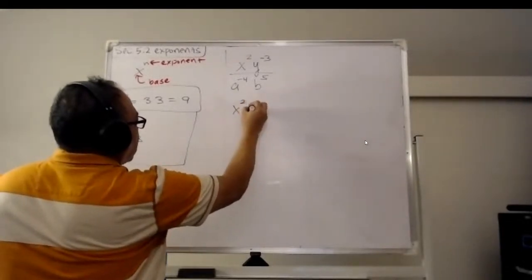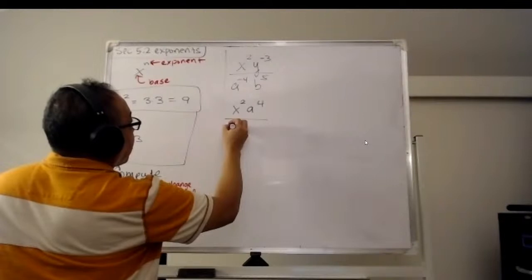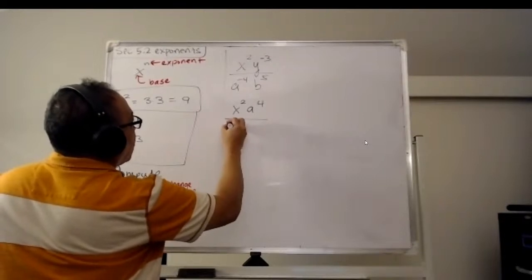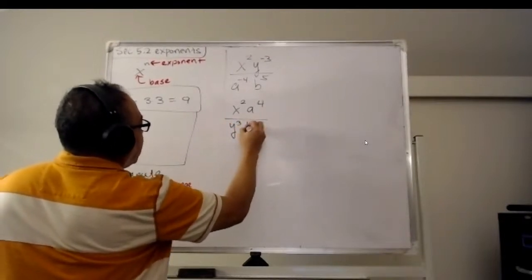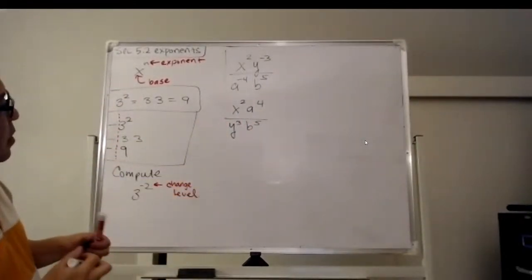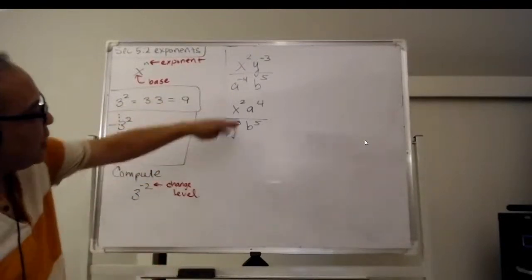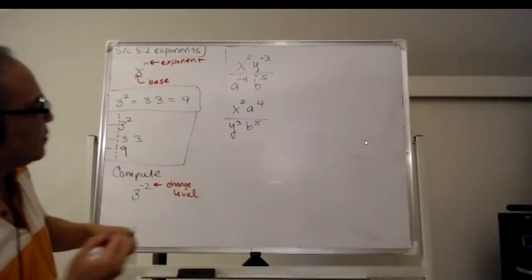So x squared a to the 4 over y cubed b to the 5. Now the b can come first, the a can come first, that doesn't matter. What the negative means is change level, and then the exponent becomes positive.